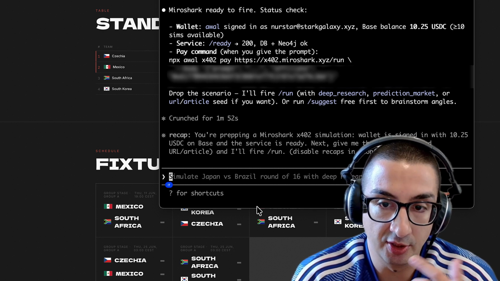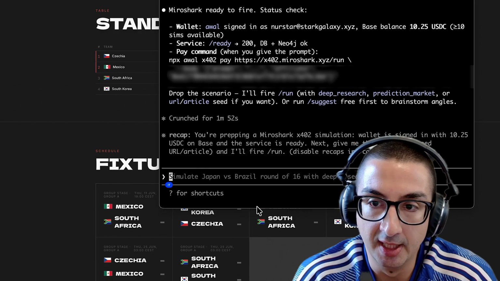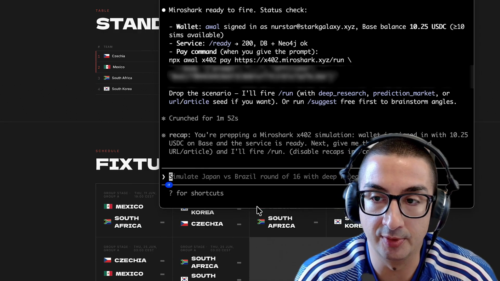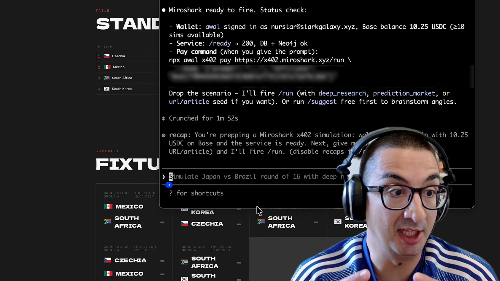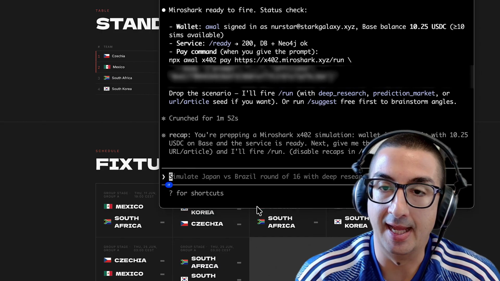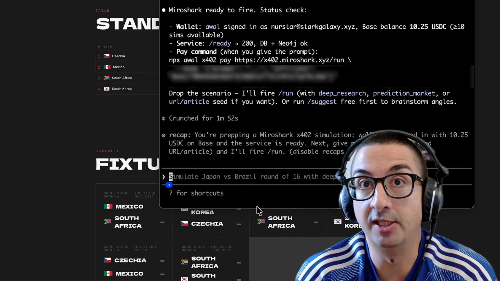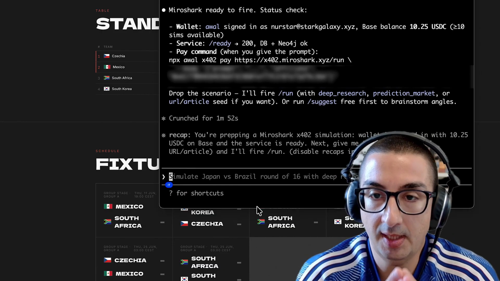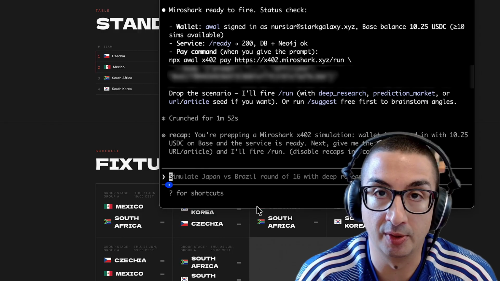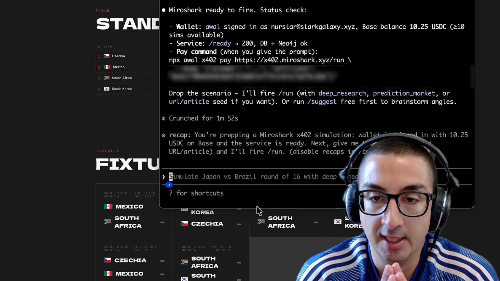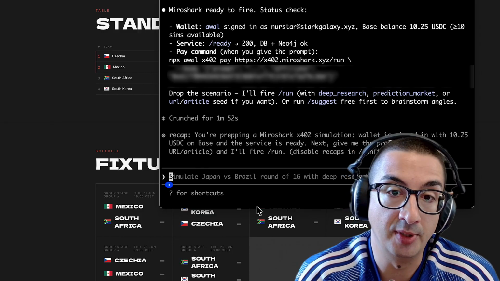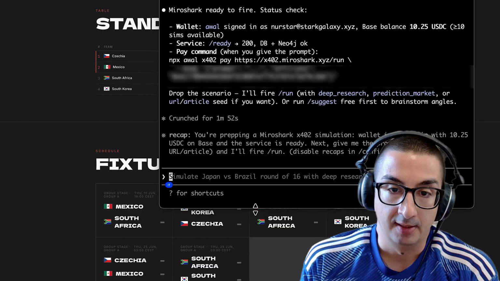As I said, simulations cost $1 per session, and you can pay for that through the x402 agentic payment framework. So you just need to have an agent-friendly wallet integrated on your Claude agent, or usable by your Claude agent.